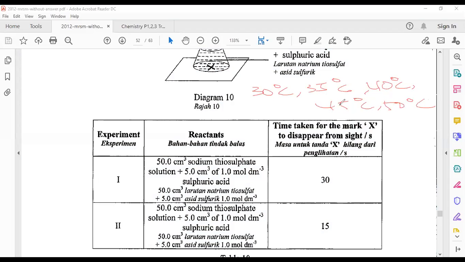Now overall, what you are going to do is, number 1, you are going to measure and pour. Can you see the 50 and the 1? Use this, of sodium thiosulfate. This one is for the sulfuric acid, I'm sorry.